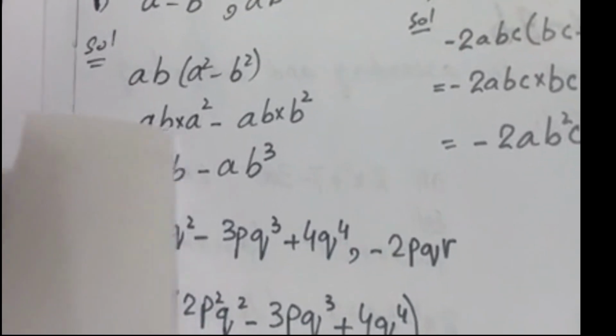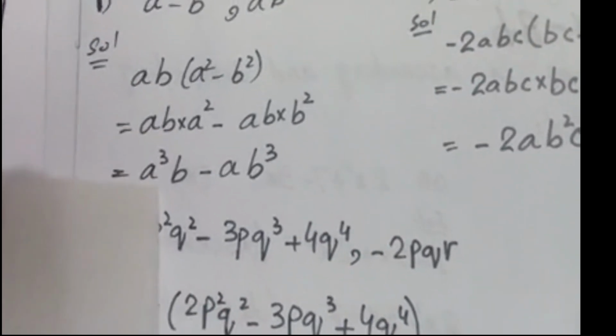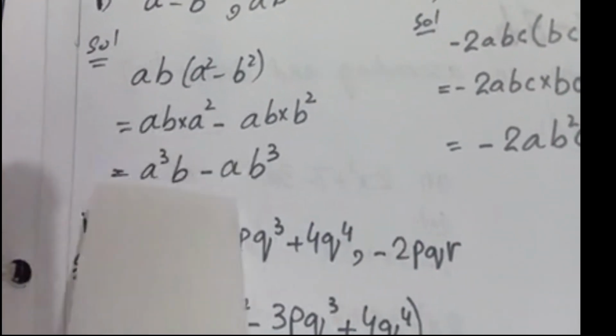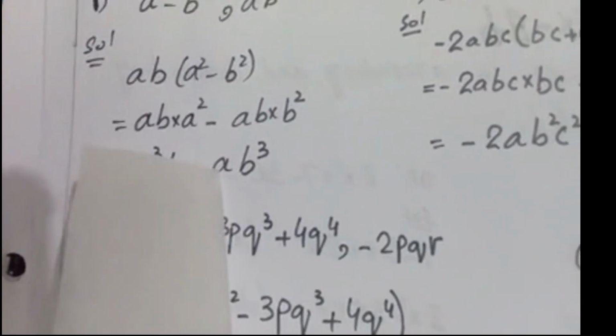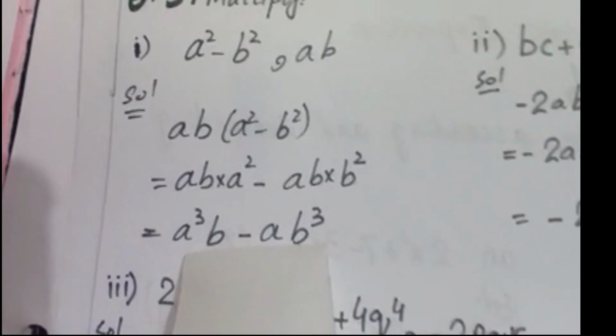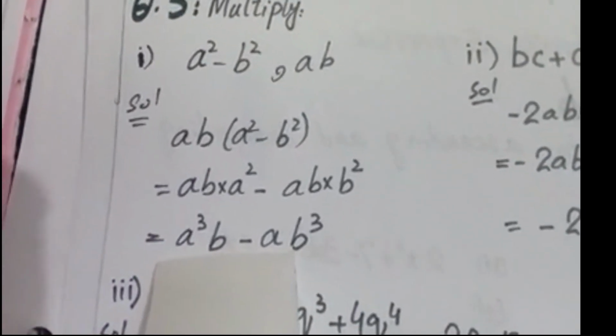Power of a is 1 here and 2 here, so 1 plus 2 will become a cube. And b will remain as it is, minus. Then a is the only single term and will remain a. b and b square will become b cube. So this is the required answer.